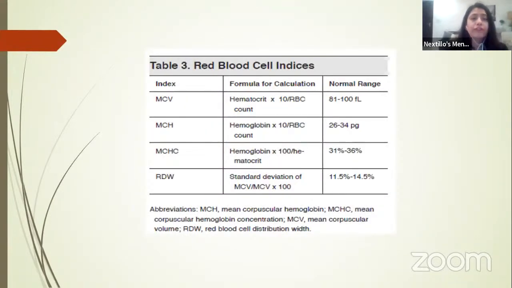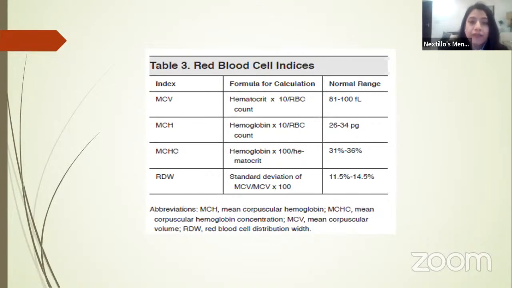Now we come to a very important topic, which is RBC indices. Why are these important? Because depending on the value of these is how we classify the anemias. First is MCV. What is MCV? It is called mean corpuscular volume.